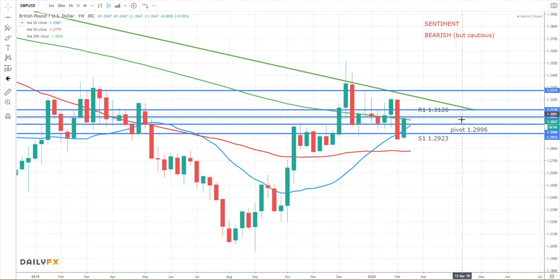So here we go to the weekly. With last week's action, price rallied all the way up to the $1.3050 mark, around that area, touching the 200-week moving average but barely closing above it. So now price is moving above the fast weekly moving average.